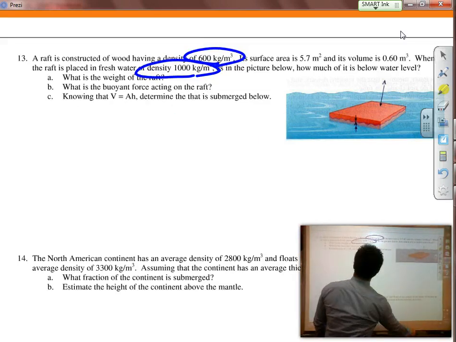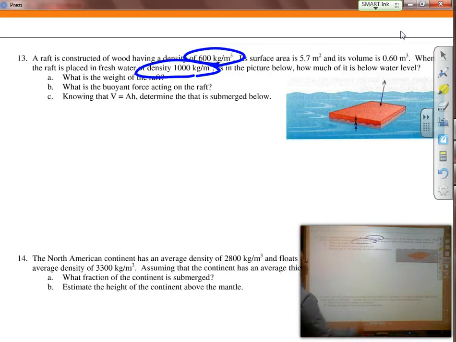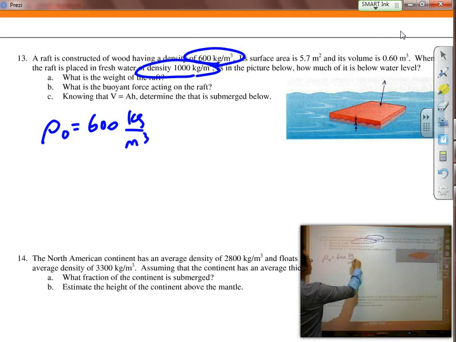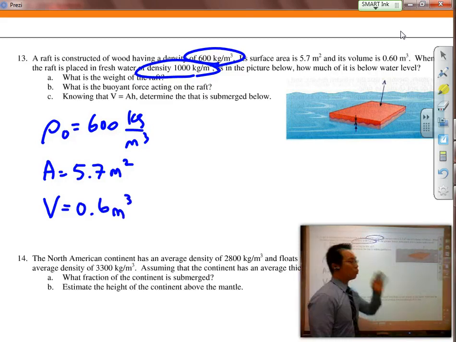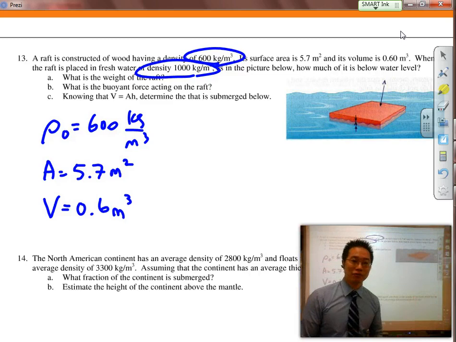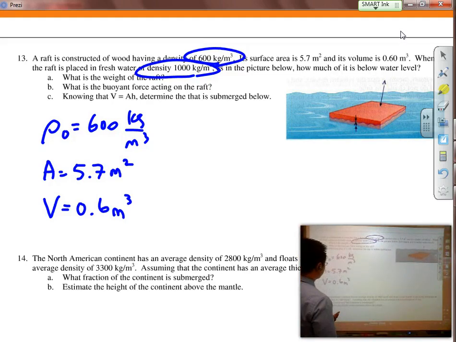They ask us also to solve for the weight of the raft. Notice they give me the density of wood. Density of the object is 600. The area was 5.7, and the volume was equal to 0.6. If I want to solve for the actual weight of the raft itself, well, I know the density, I know the volume.